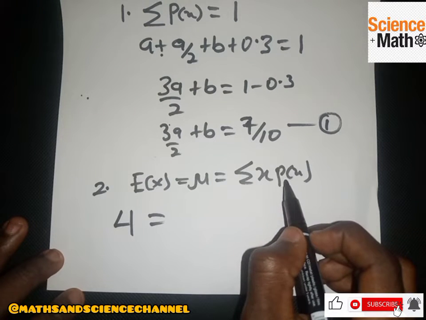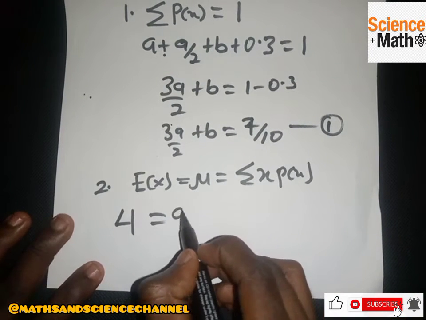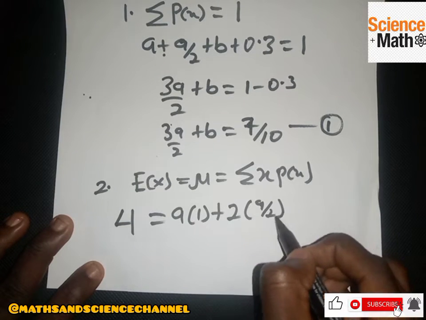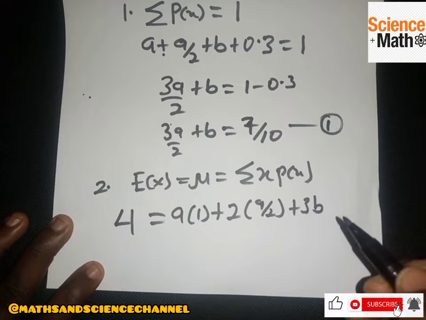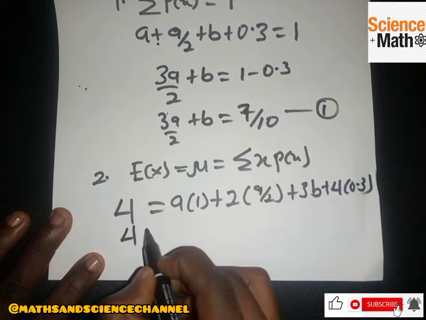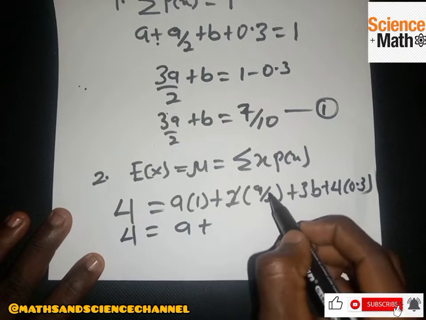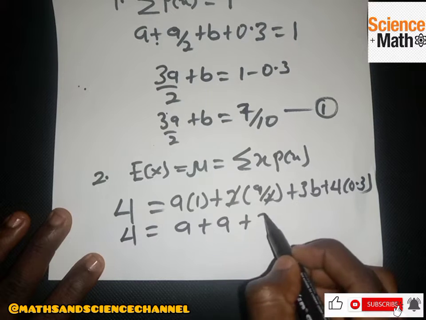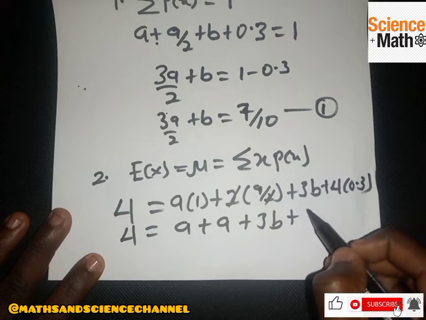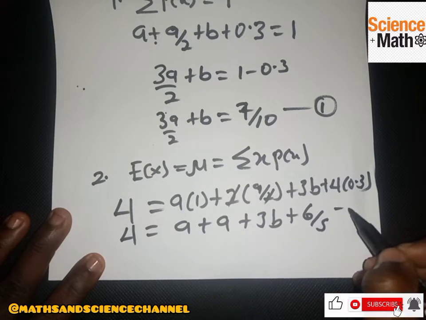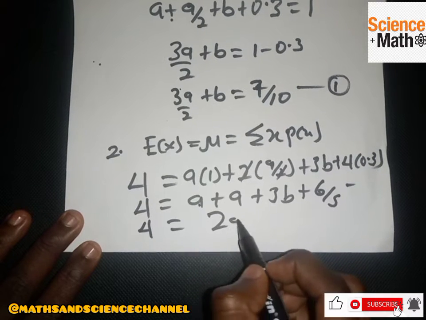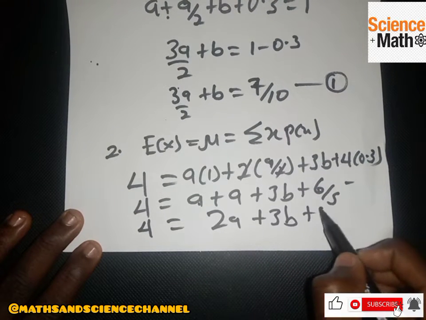Doing that, we have a multiplied by 1, plus 2 multiplied by a over 2, plus 3 multiplied by b, plus 4 multiplied by 0.3. So we have 4 equal to a plus a, which is 2a, plus 3b, plus 6 over 5.